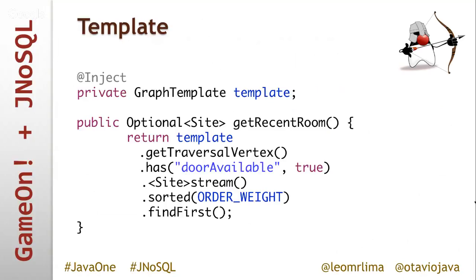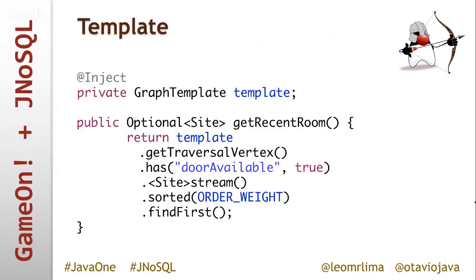Again, template is a feature where you can just start writing your queries, not your SQL queries, right? Your queries. In this case, it is a graph database, so it's a graph template. You do a traversal, and here we're getting a recent room, the room that was inserted not so long ago, and this is searching for a graph that has the attribute door available marked as true, ordered by the weight.